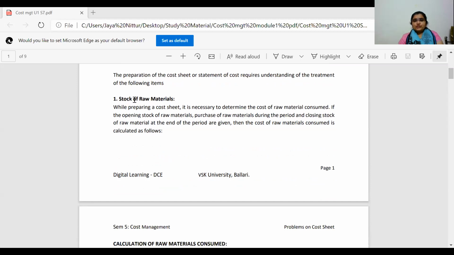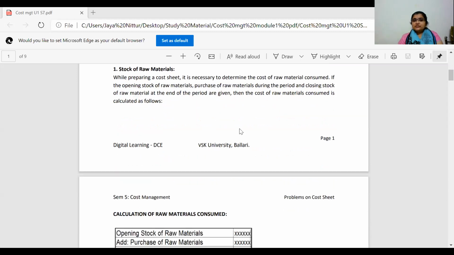While preparing the cost sheet, it is very necessary to determine the cost of materials consumed by a company. We need to consider the opening stock of raw material, add the purchase of raw material during the period, and deduct the closing stock of raw material at the end, which has been given in the problem.